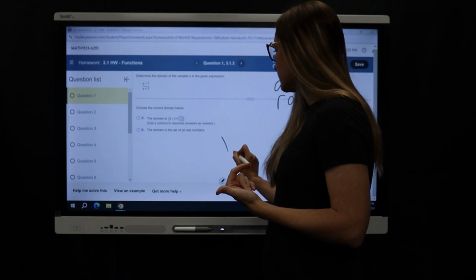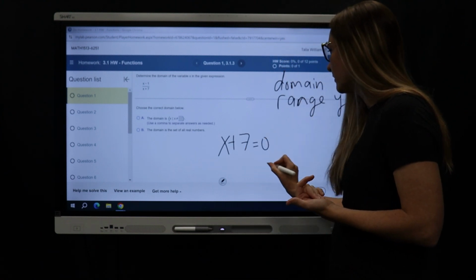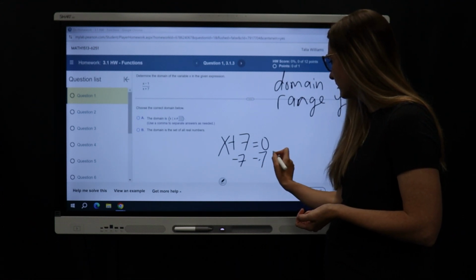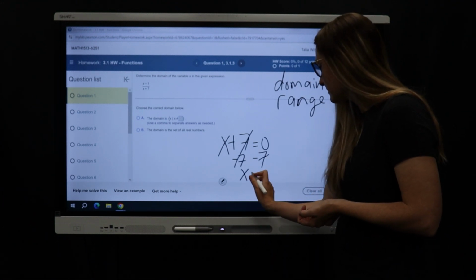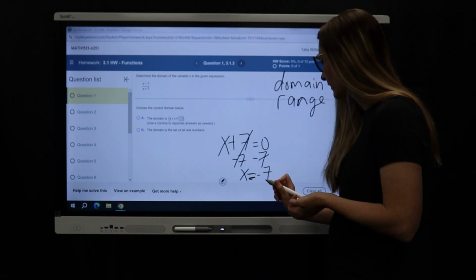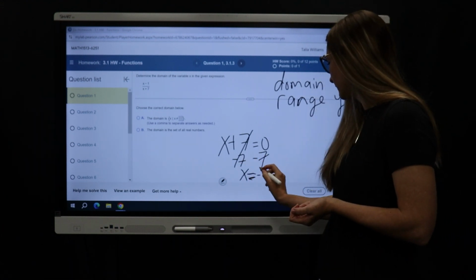So how we find that is we set it up to be x plus 7 equals 0, and then solve for x, subtract 7. So x equals negative 7 here. And this is the value that x cannot equal.